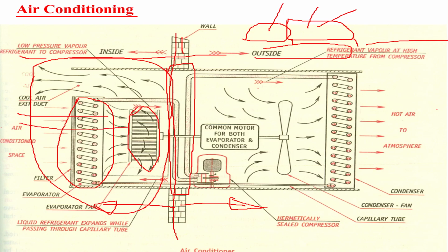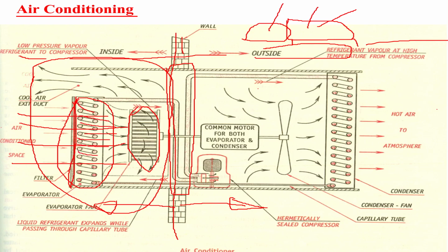When this fan rotates, it draws in air. While drawing, the air is filtered by using a filter. See here, there is an air filter. While drawing through, it passes through the coil, evaporator coil.